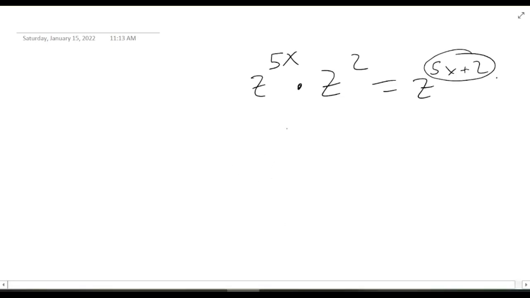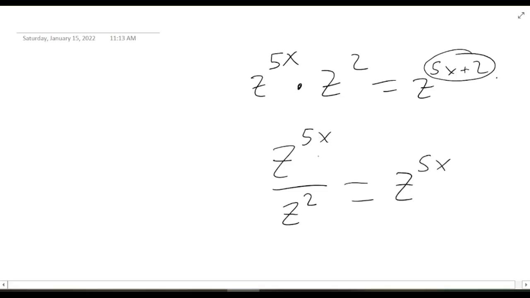Same thing if you were to divide these two exponents. So z to the 5x over z squared would equal z to the 5x minus 2. Remember, you have to subtract these two because you're dividing. And if they were to tell you that 5x minus 2 is equal to 8, we know that we can plug this 8 right into this exponent, because we know that 5x minus 2 is equal to 8.